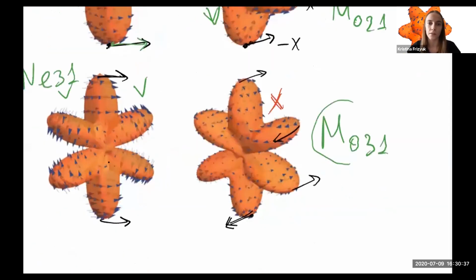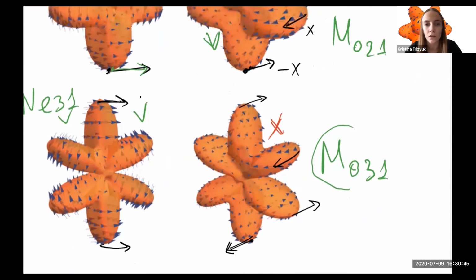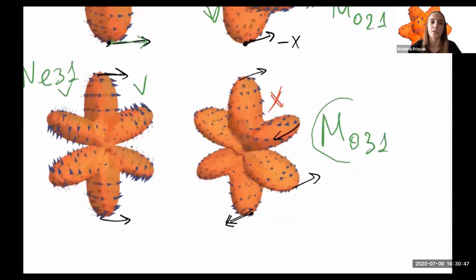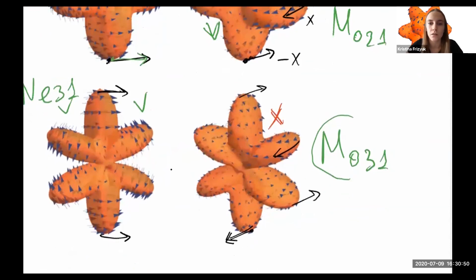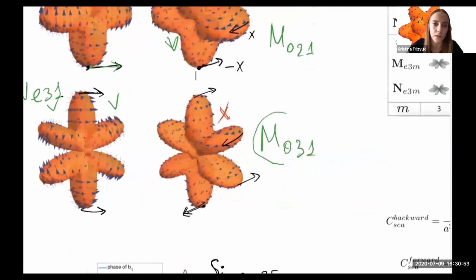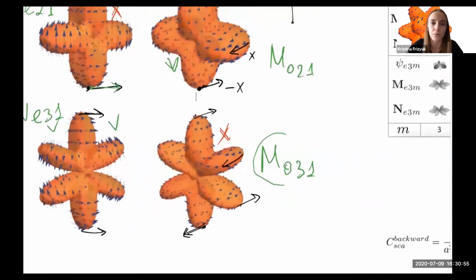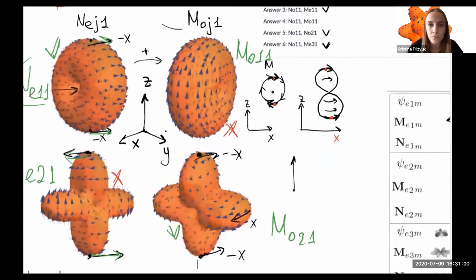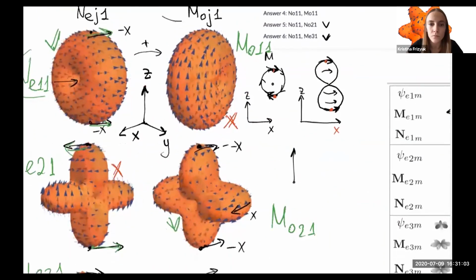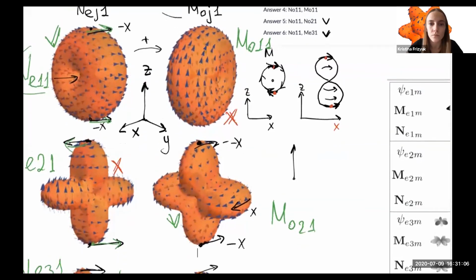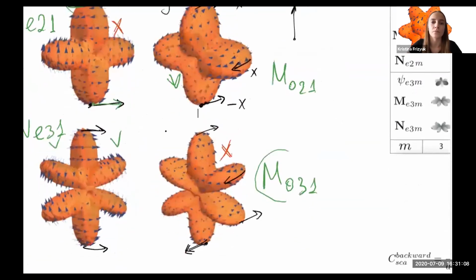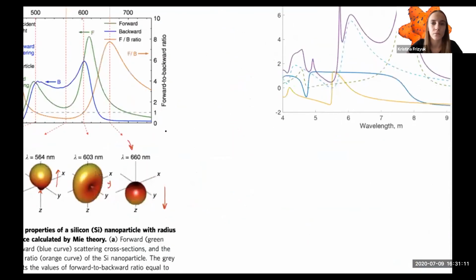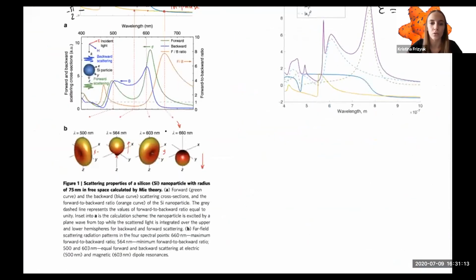And these two guys give us again forward scattering. Actually, maybe something went wrong here, because here we obtain that they give backward, but they should give forward. And that's all on the Kerker effect.